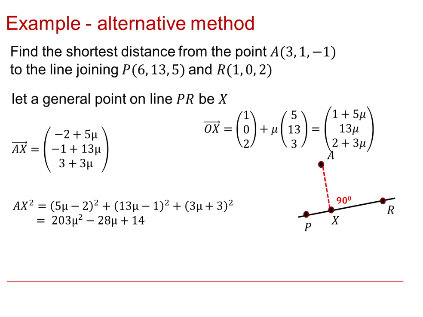Okay, so an alternative method would have been to have found the vector OX and AX as before, and then once we'd got to the point where we knew that the vector AX could be written in this form, to use calculus to minimise this expression, or the length of AX squared. So we could differentiate that and set it to 0.